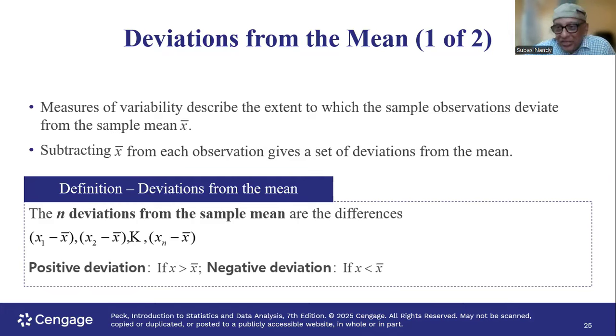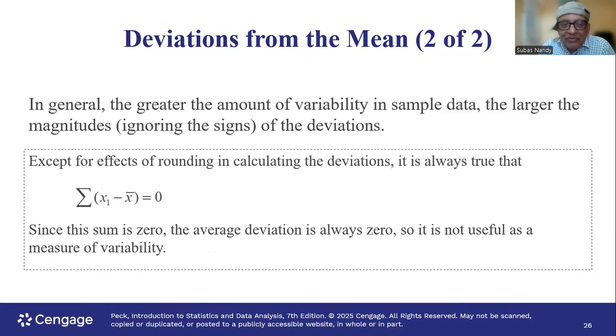If, on the other hand, the number is smaller than the mean, then the deviation is negative. Okay. In general, the greater the amount of variability in the sample data, the greater the magnitude of the deviations, ignoring the signs.